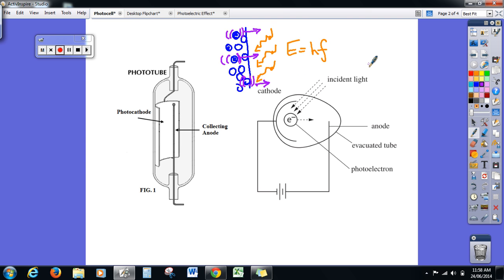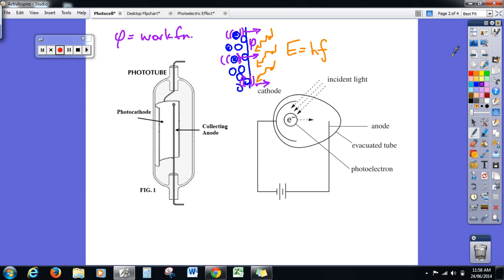But to be totally liberated from the surface, they have to pay back an amount of energy to the surface, and that amount of energy that they must pay back is called phi, where phi equals the work function. The work function is the amount of energy that the electron needs to give back to the surface so that it can totally leave.